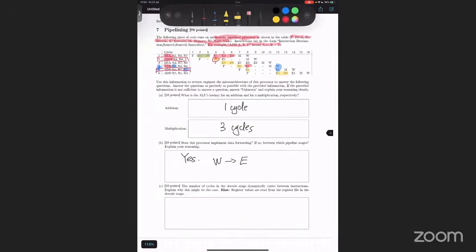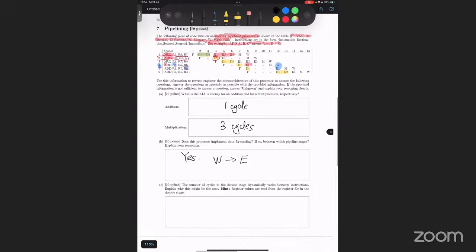Oh wait, sorry. Actually, this shouldn't impact the number of cycles in the decode stage, because the result is forwarded from the write back stage anyway. But still, for the second add immediate instruction, we can observe this.